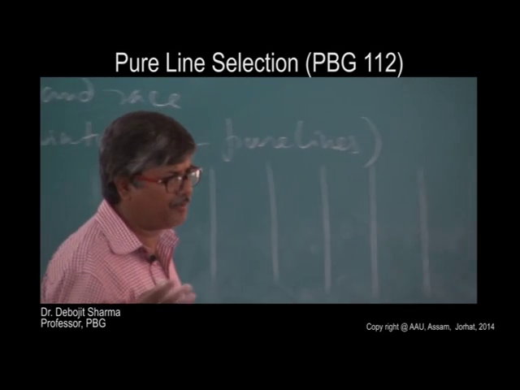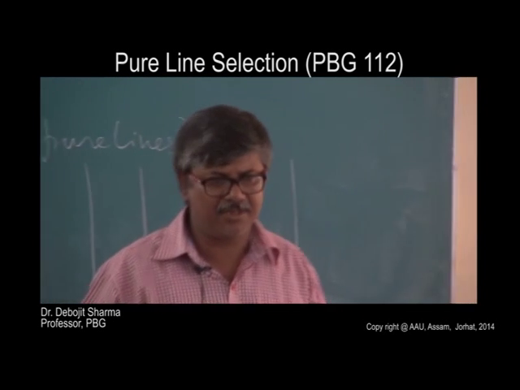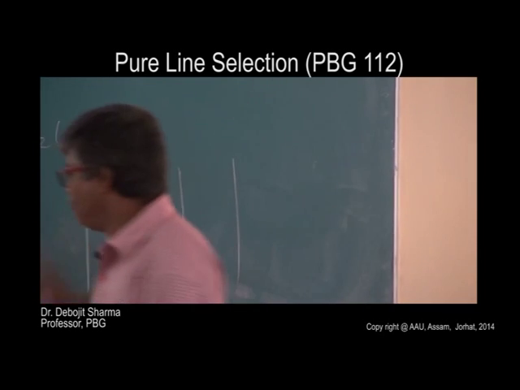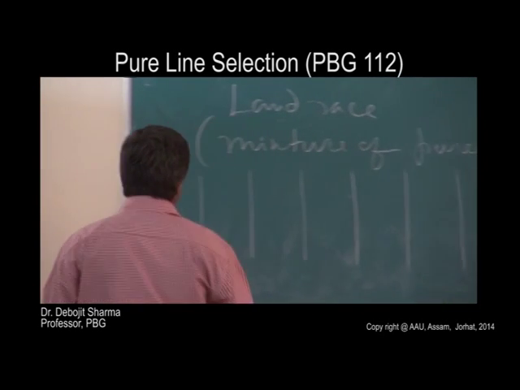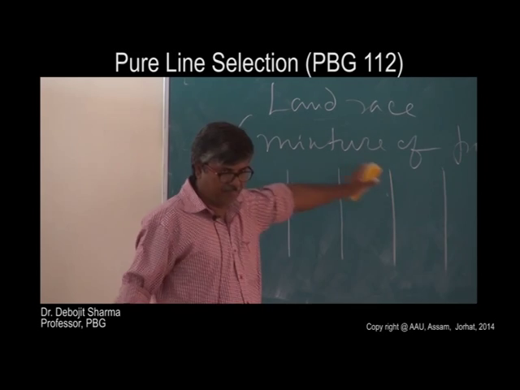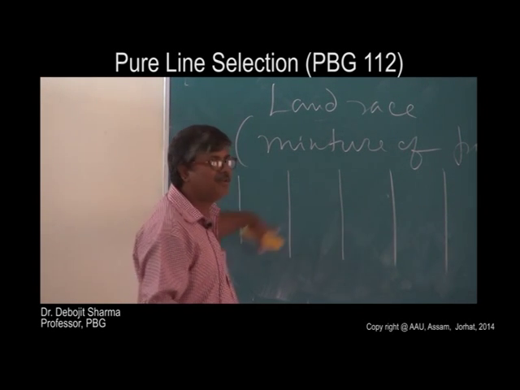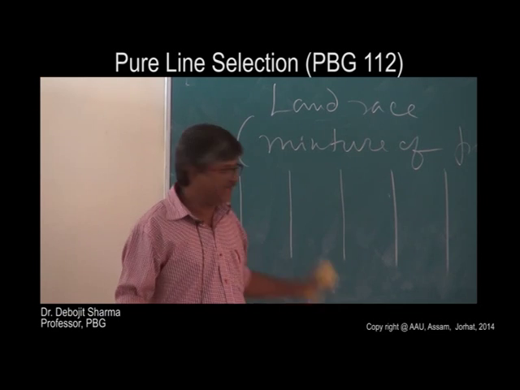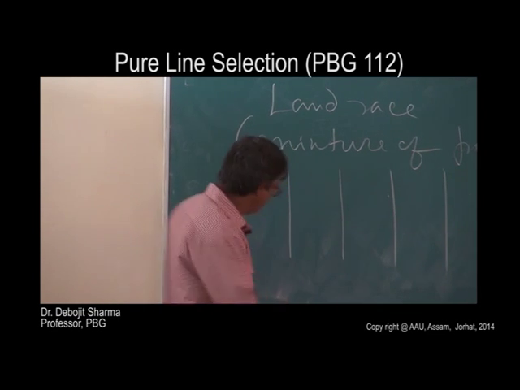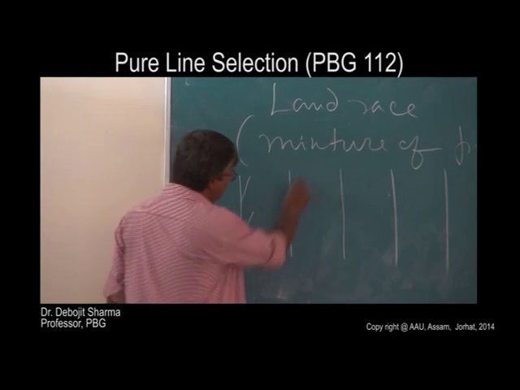There may be a lot of characters in which the breeder is interested. He will go for selection in this population. If the population has variation, he will select individual plants and grow them in individual plant progeny rows.